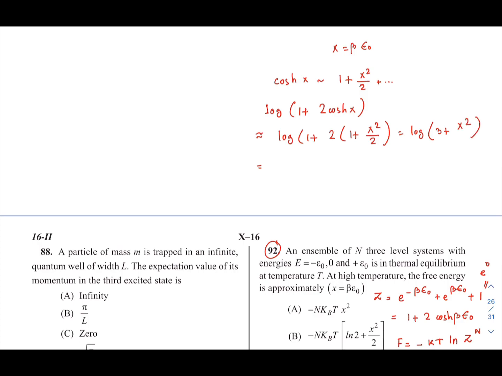Now I can take 3 common and write it as log 3 plus log of 1 plus x squared by 3. And now we expand this, and the final answer will be log 3 plus x squared by 3.